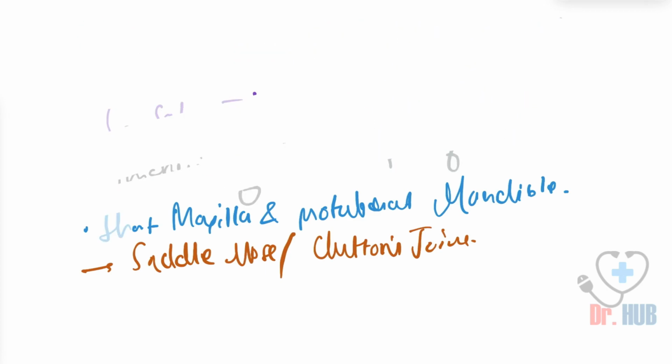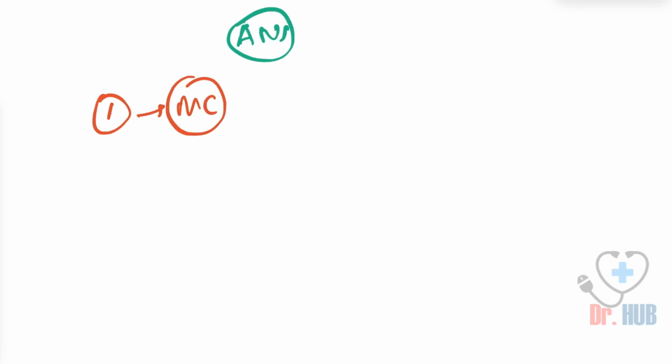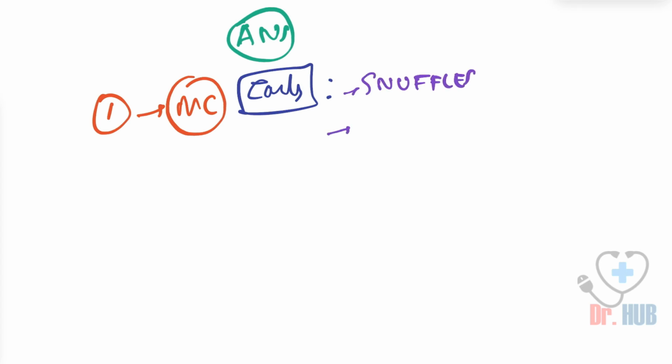So this was about syphilis. Now we'll be answering our questions. As you remember, the first question was the early findings in terms of the mucocutaneous findings. In terms of early findings, it includes snuffles. Then there is also the maculopapular rash.